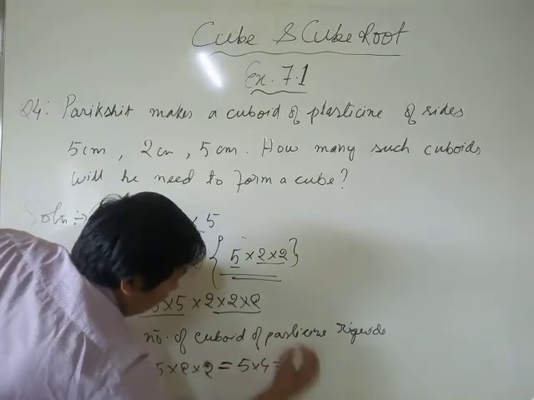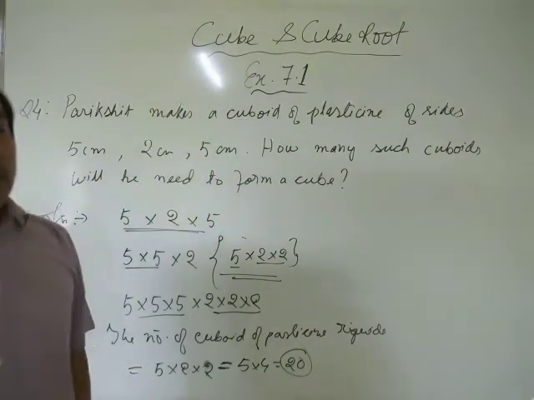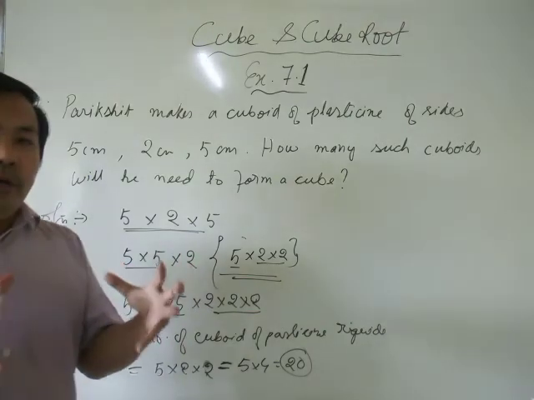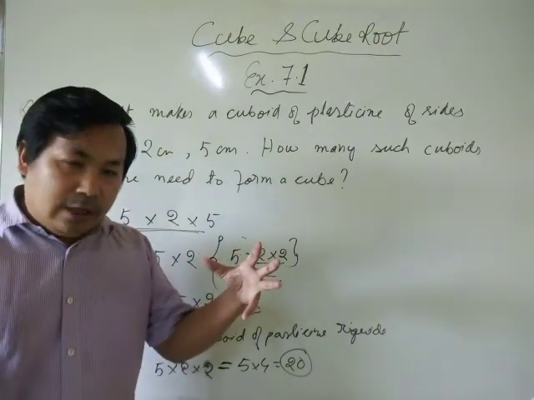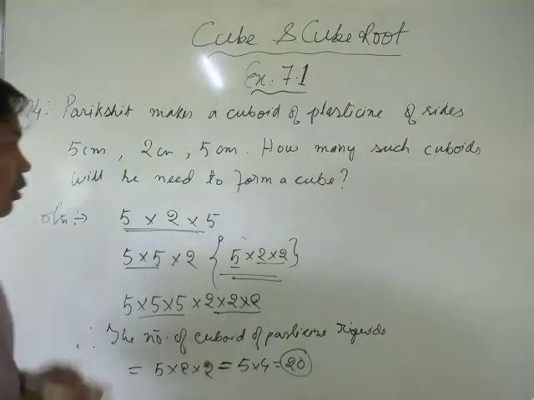That means 20 such plastic cuboids are required to make a perfect cube set by piling together or by bringing all together to make a perfect cube set.